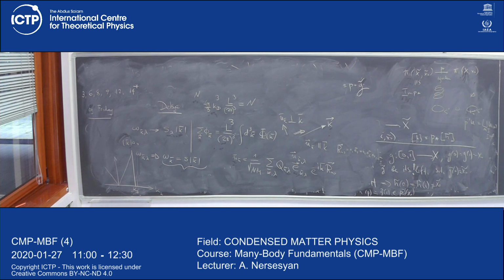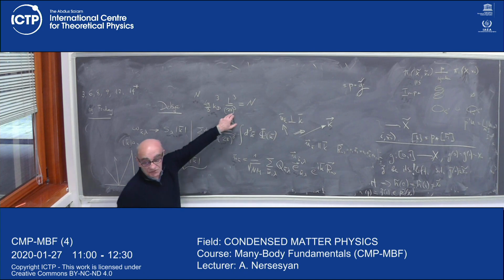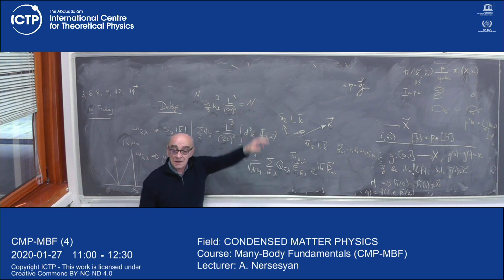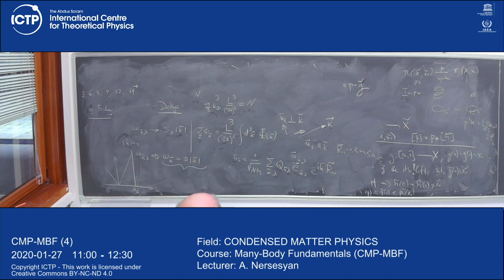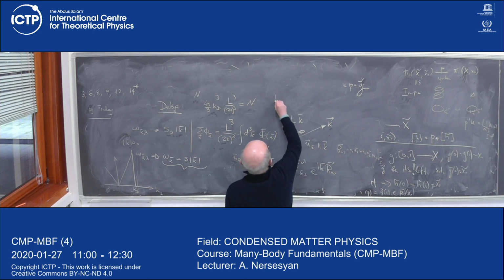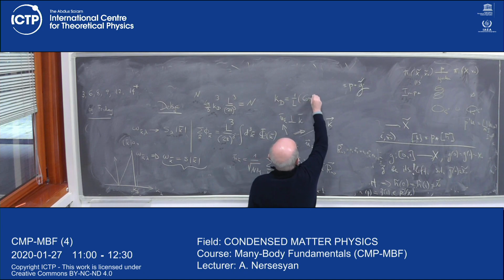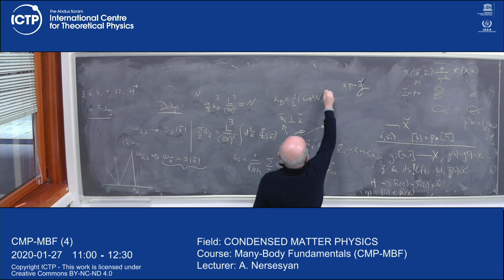This is done with normalization. The volume multiplied by the density of states gives you the number of states. The number of states within this sphere should be equal to the right number, or at least to be of the order, if you wish. And that gives you an estimation: kD turns out to be 1 over L, and here is 6 pi squared, and the number of particles.